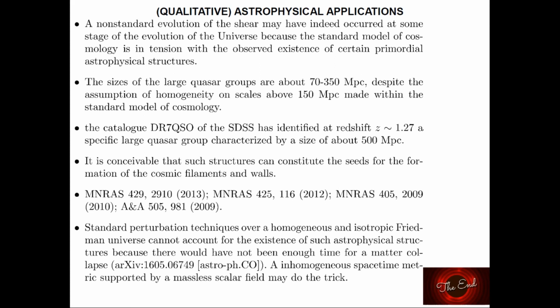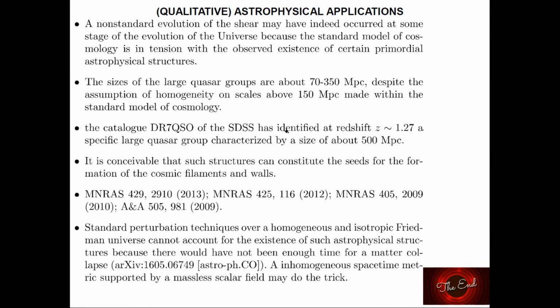However, there are some astrophysical structures which cannot be accounted for by such a formalism. In fact, there is astrophysical evidence that in our universe there are large quasar groups whose sizes are about 70 and 300, compared to the homogeneity scale of 150 megaparsec assumed in standard cosmology.